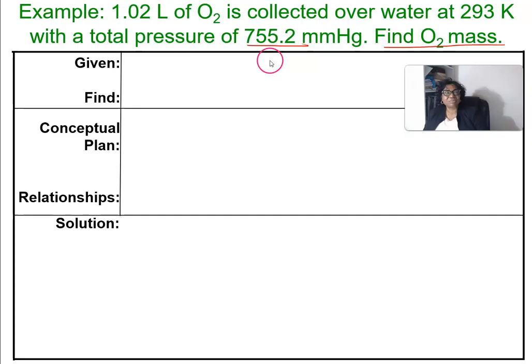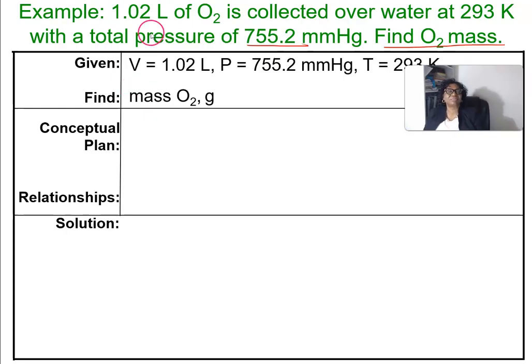First of all, you have to find the pressure of the dry oxygen. So you have to go to your table, get the vapor pressure of water in this gas, subtract it. Then you can find the number of moles of oxygen using your ideal gas equation. Then you convert the moles to mass using your molar mass.